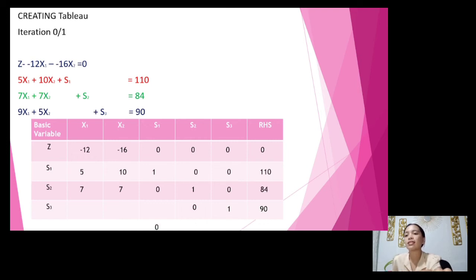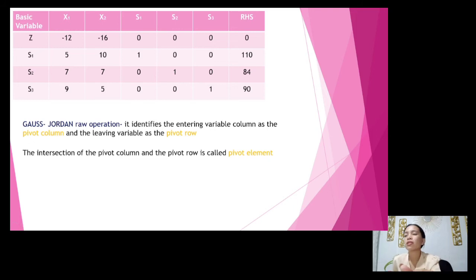For our last constraint, we have 9, 5, 0, 0, 1, and 90. So we just simply place the numbers in the variables in the tableau. So again, we will be using the Gauss-Jordan row operation.